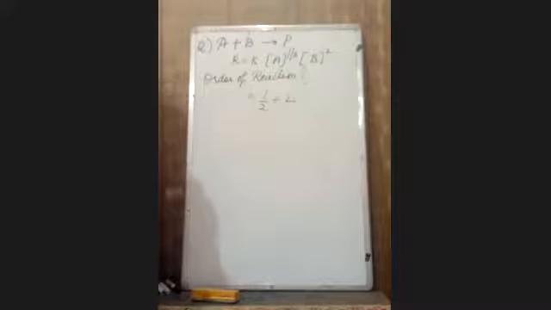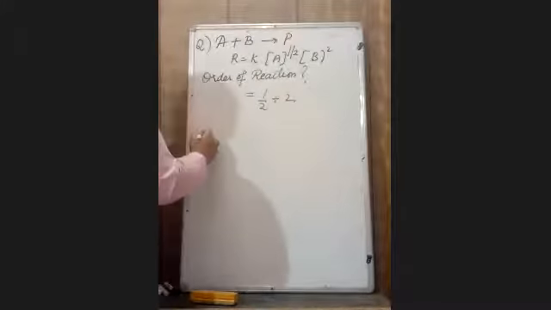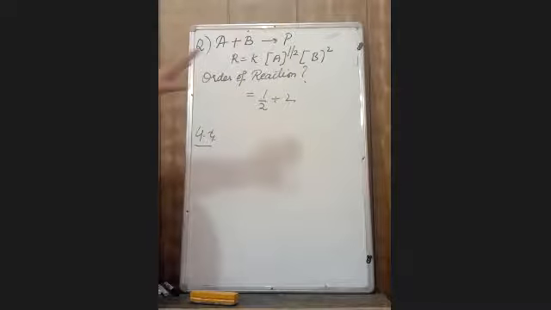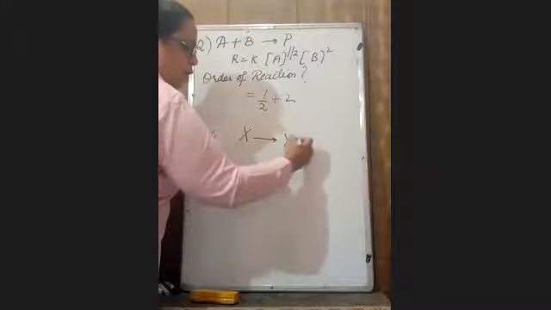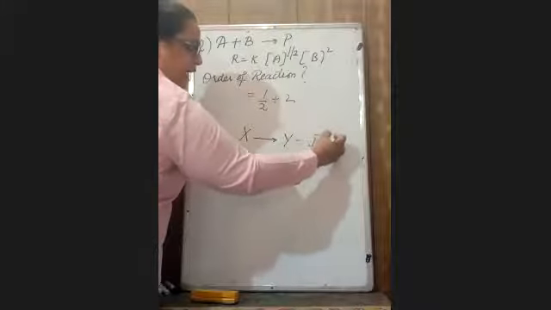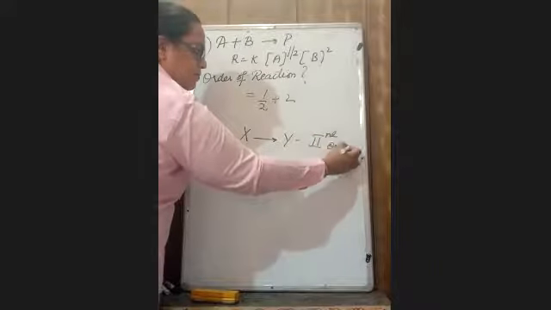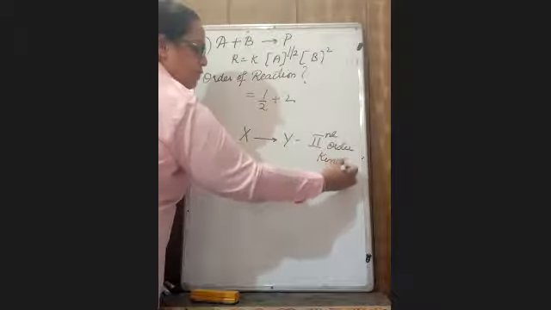Fine. Now, second question. 4.4. 3 by 2. For this reaction, the conversion of X to Y follows second order kinetics. Okay.